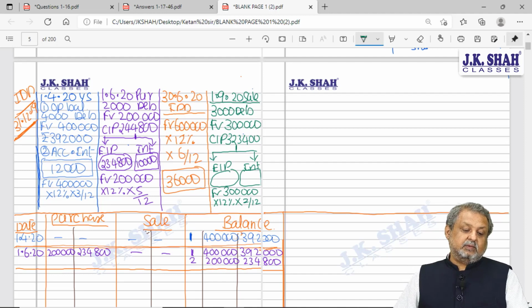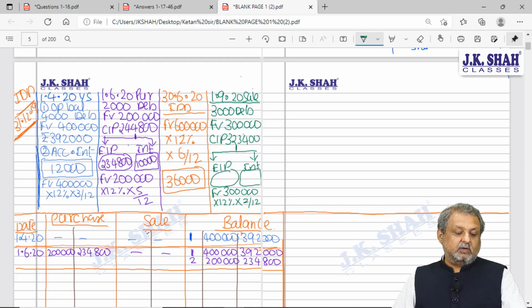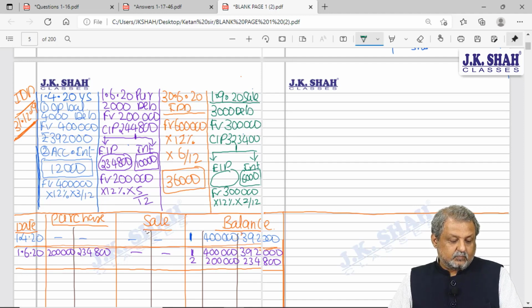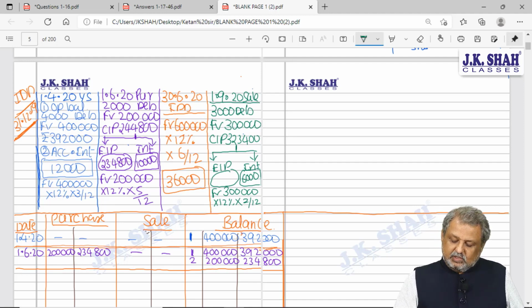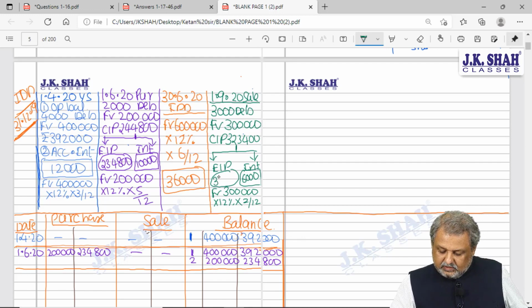Count properly. So 3 lakhs into 12% divided by 12 multiplied by 2, 6,000 is interest. Minus 3,23,400, so 3,17,400.